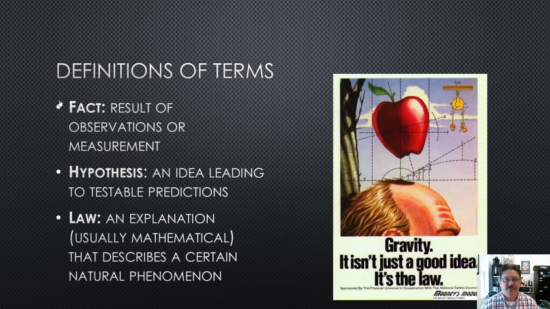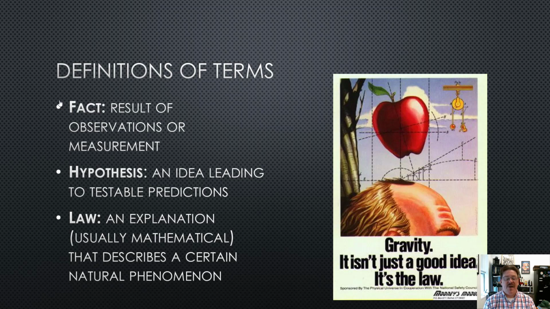A hypothesis. A hypothesis is (A) an educated guess that (B) predicts future events and can be tested. So the two points that I want to get to is that (A) it is an educated guess.